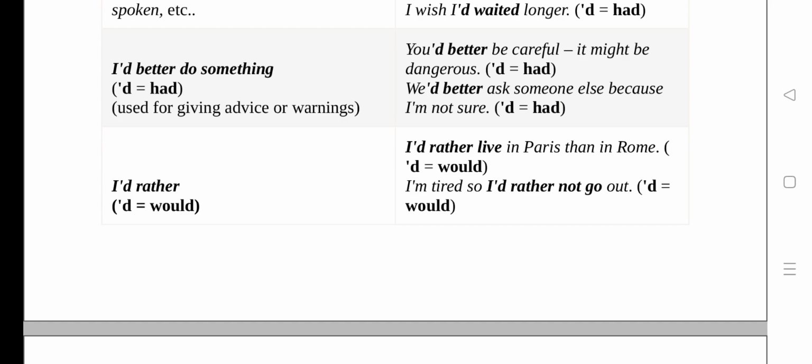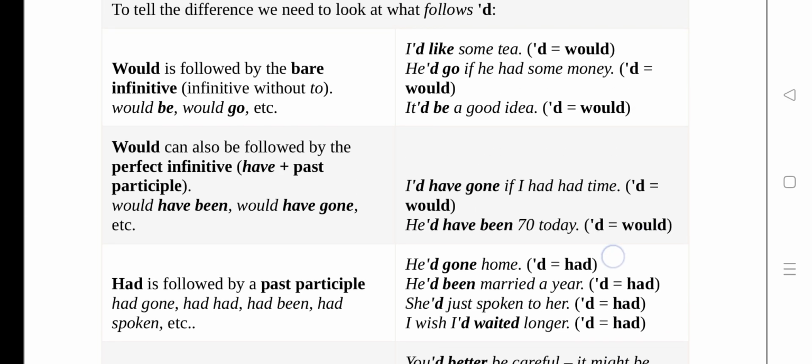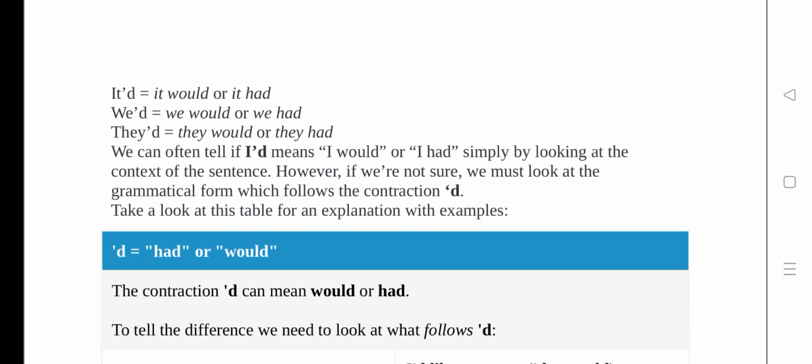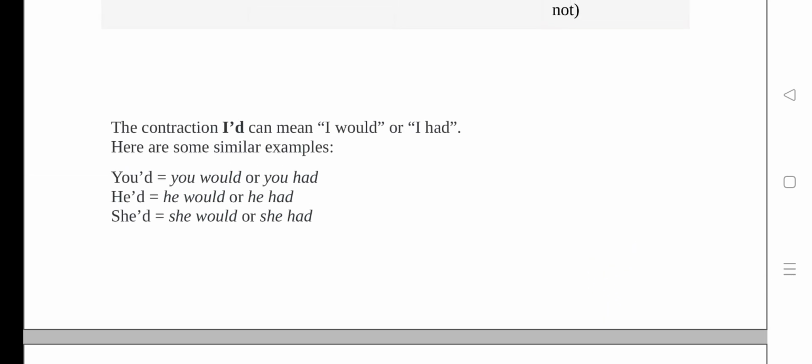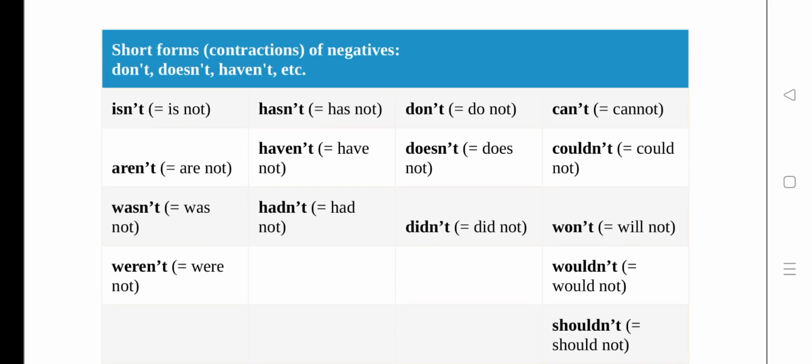I'm tired, so I'd rather not go out. So these are the contractions and how to recognize whether apostrophe d is used for would or had. Similar is the case of apostrophe s, which is for has or is.